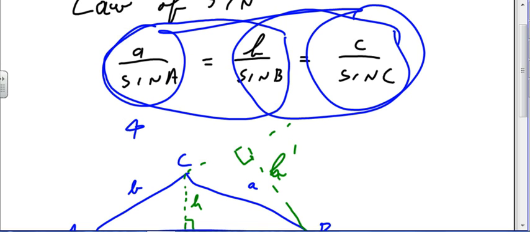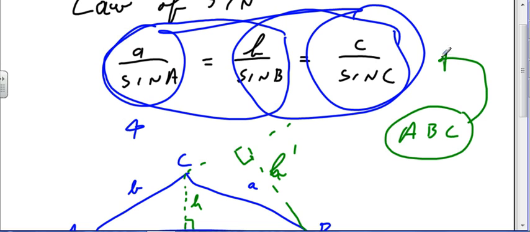Now, what happens if I know angle A and angle B and angle C? Can I use it there? The answer is no, I can't, because now I have two answers and two unknowns. It won't work. And if all I know is the angles, how can I possibly know what the sides are?